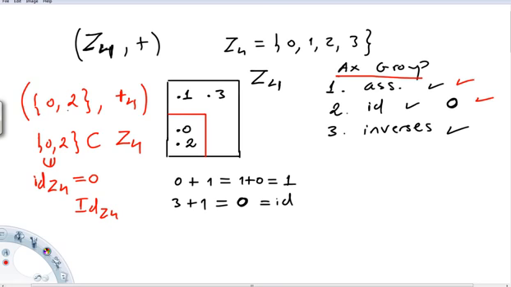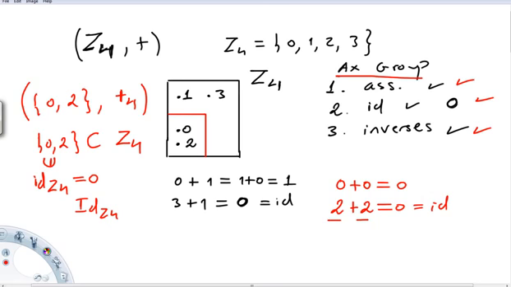Okay, what about inverses? Well, 0 is the inverse of itself, because if I add 0 to 0, I get 0, and 0 is the identity. And 2, if I add 2 plus 2, I get 0, and 0 is the identity. So 2 is the inverse of itself. So in this subset of Z4, all the group axioms are valid too.